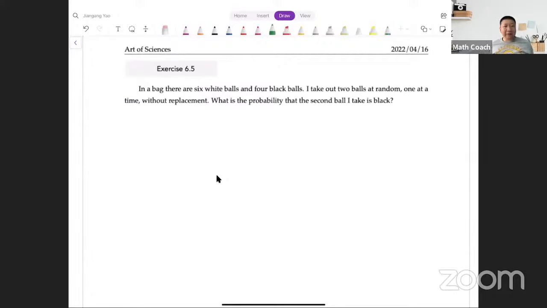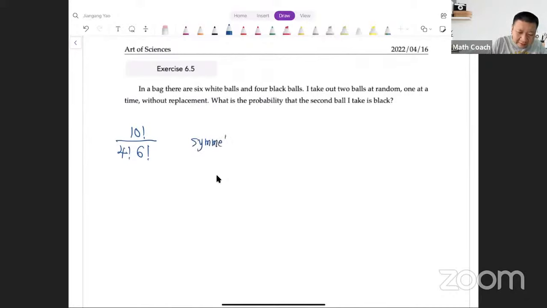Yes, and for this question, the idea is that you can think about it in a different way. If I have six white balls and 4 black balls arranged in a line, there will be many different arrangements, right? That is 10 factorial divided by 4 factorial divided by 6 factorial ways. And if all the balls are different, we have 10 factorial ways. But no matter what, we have a symmetry here.